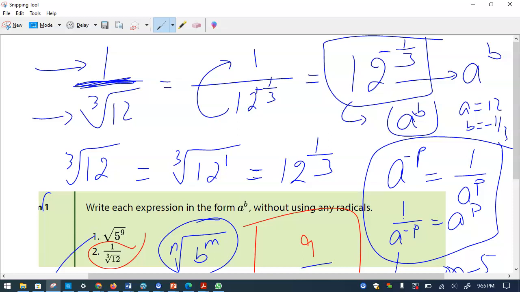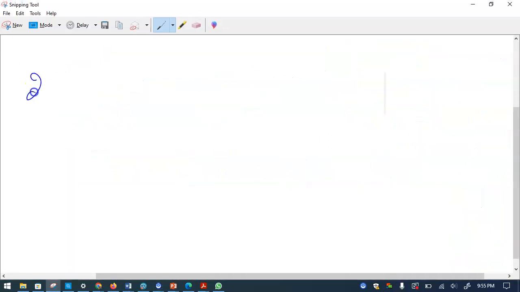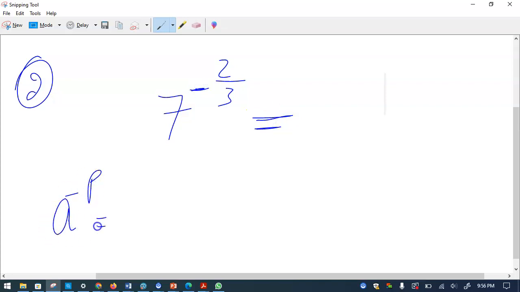I hope this makes sense. Before I complete problem number 2, let me check one more example. Suppose you have minus 7 raised to 2/3. What does this basically mean? Remember, if it is a raised to minus p, write it as a raised to plus p.